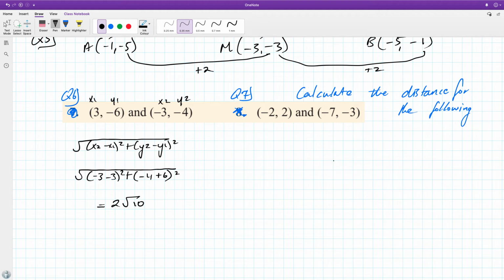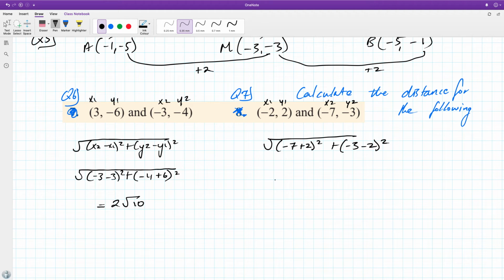You happy with that? The next one. x1, y1, x2, y2. That is x2, which is minus 7, minus x1 which is minus 2, so plus 2, to be squared, plus y2 which is minus 3, minus y1 which is 2, to be squared.